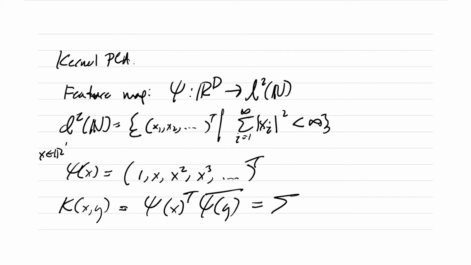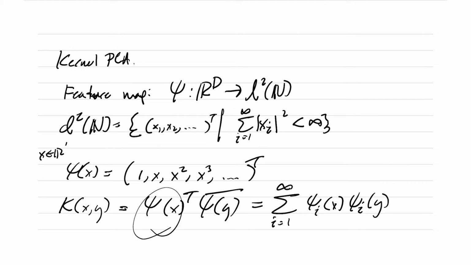And this is going to be a sum, say i going from 1 to infinity, of psi_i(x) psi_i(y), where psi_i(x) is the component from this infinite sequence of psi. So we're thinking of the map of x going to psi_1(x), psi_2(x), and so on.